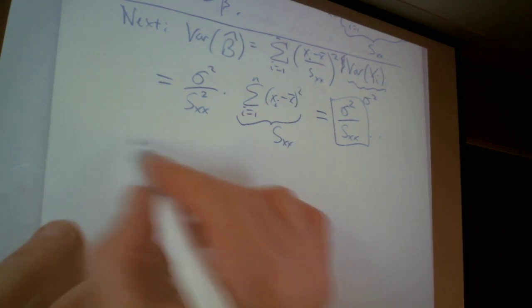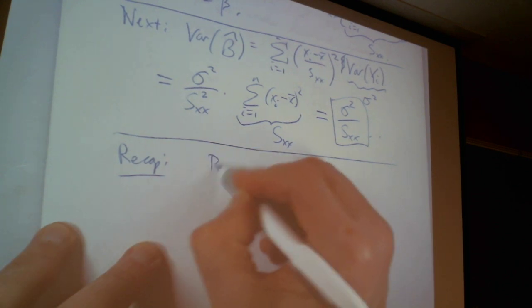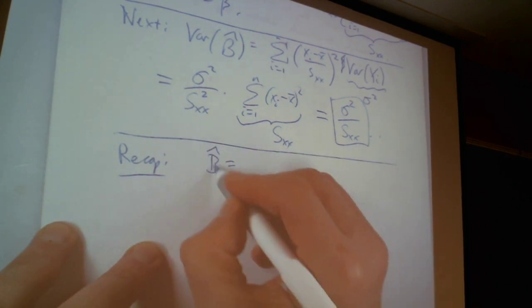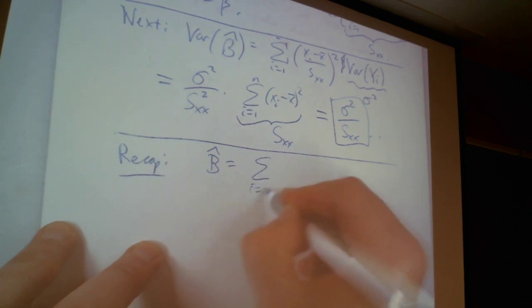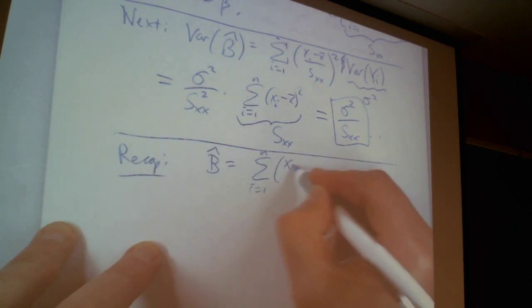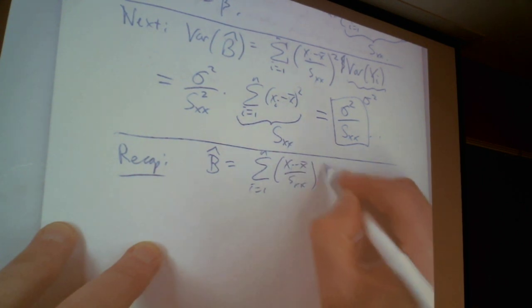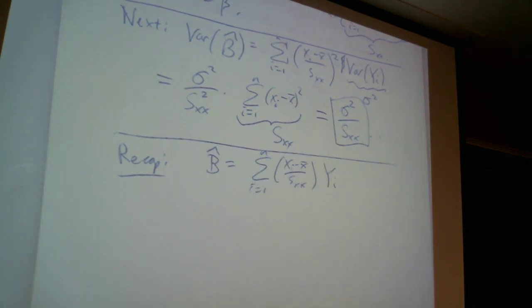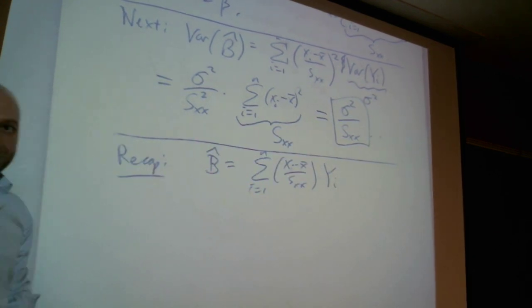So again, let's recap. B hat, this random variable B hat, is defined as a sum as i goes from 1 to n of xi minus x bar over sxx, these are all things we observe, times the random variable yi, even though really it was yi minus y bar, but it's the same thing.